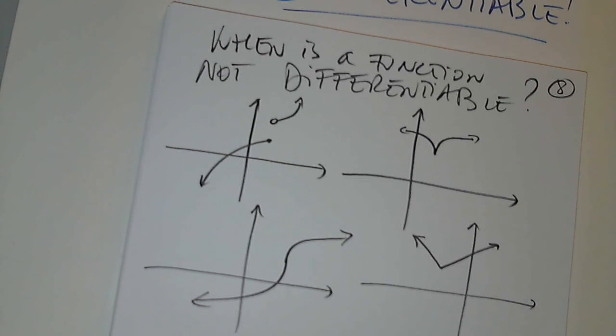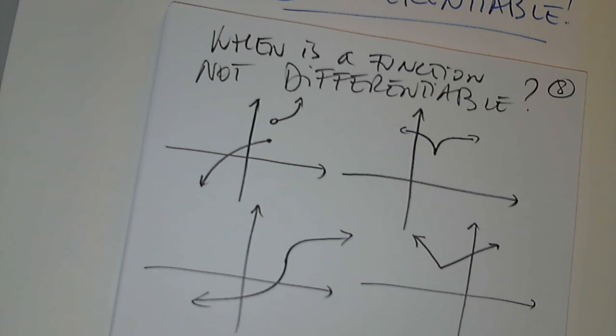It is not continuous. At this point there is a tangent here, and at this point a tangent here. Totally different numbers. So you can determine a tangent, but it's not a unique tangent. So when a function is not continuous, it cannot be differentiable. What happens here?